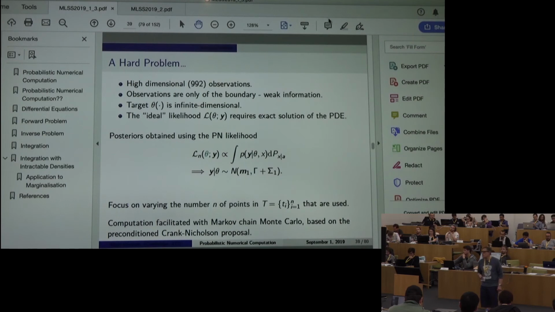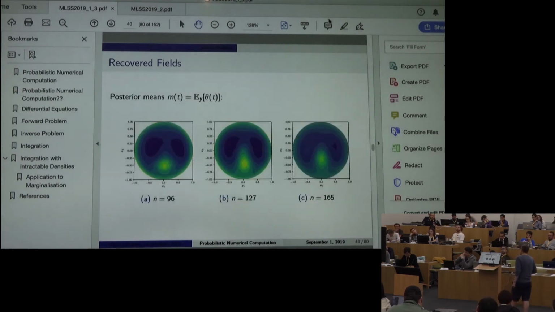And then we crack on. We do use Markov chain Monte Carlo, and we do use Markov chain Monte Carlo for functional objects, so infinite dimensional objects. Again, I won't bore you with the details of that, but there's a whole suite of machinery that allows us to do that reasonably painlessly.